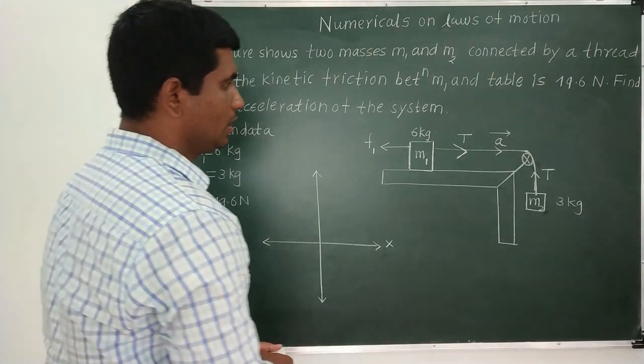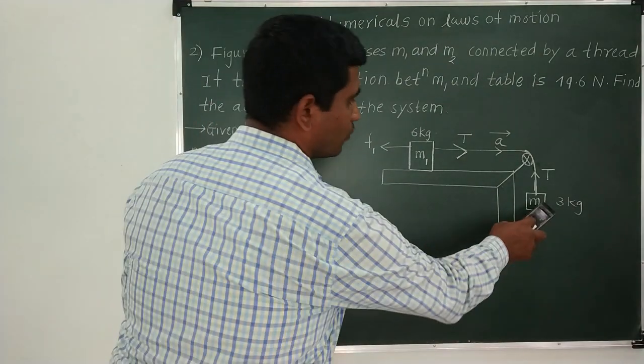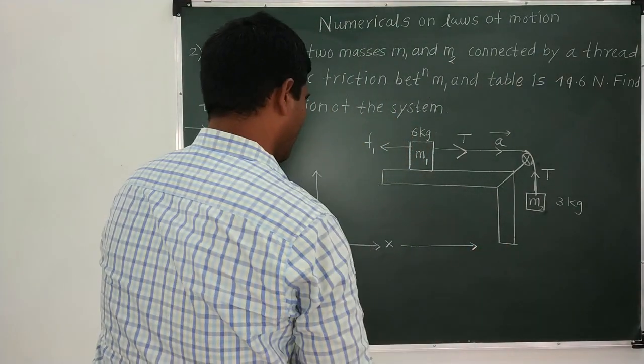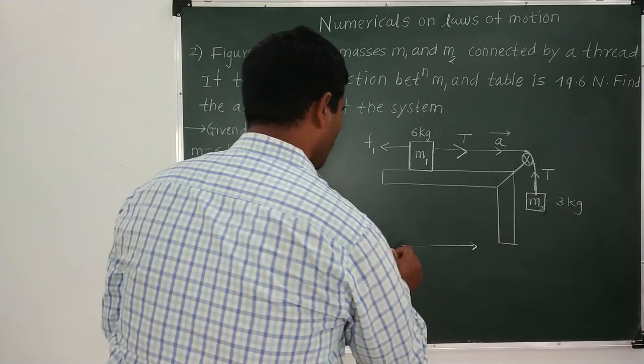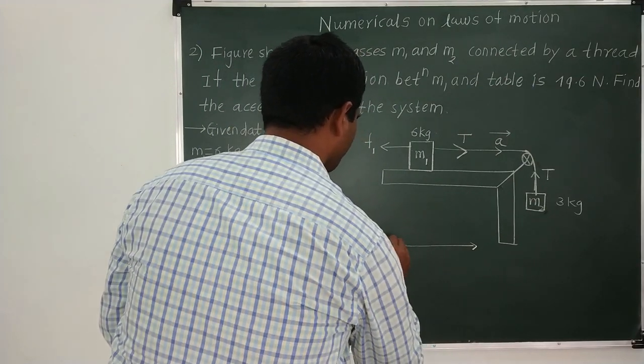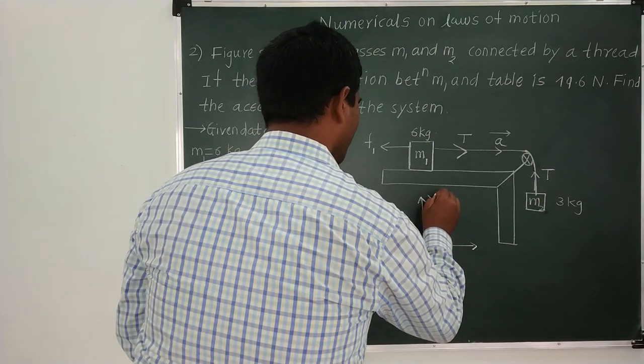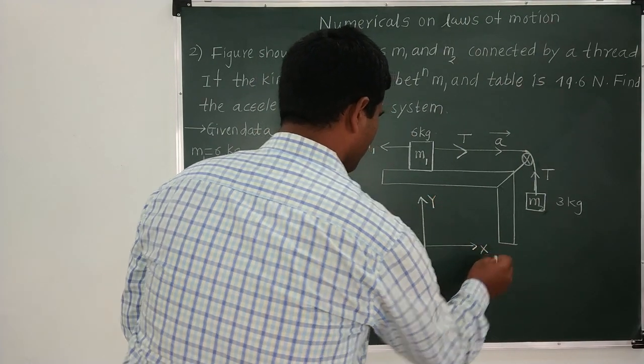Similarly, I have to make a free body diagram for the block M2 as well. So I'll say this is my x-axis and this is my y-axis, similar to this one.